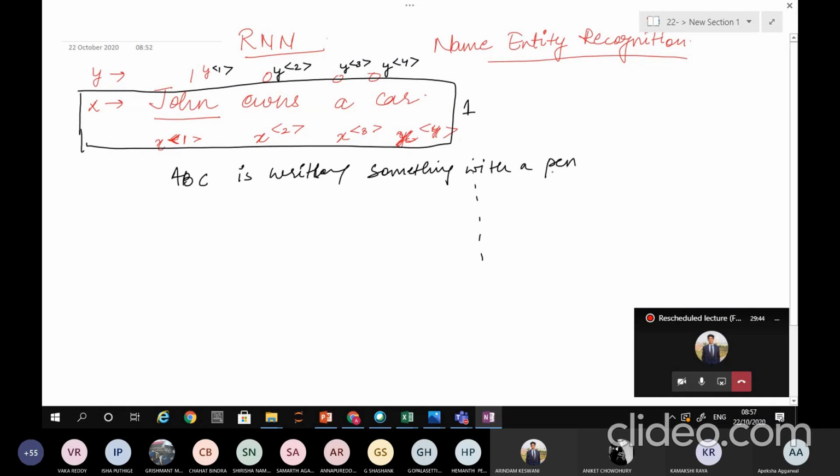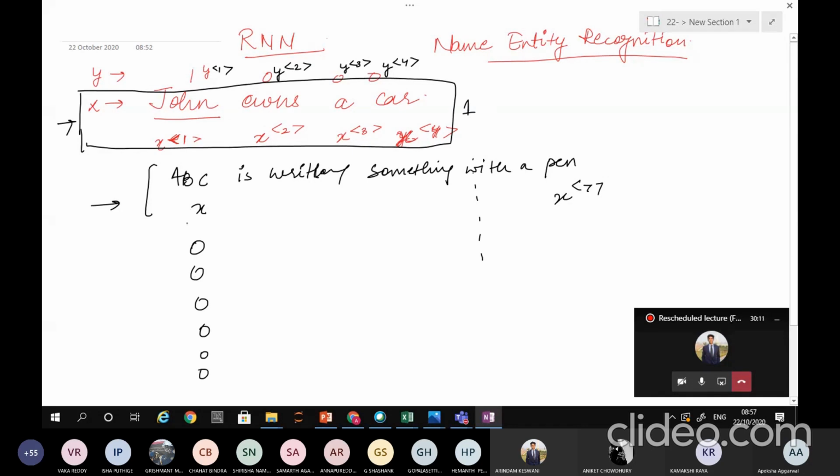This is a longer sequence, where x has a length of 7 words, x<1> up to x<7>. So the size of input is always changing. That is why we cannot use a simple neural network, because if we had given this to a simple neural network as input, we would have a fixed set of neurons.